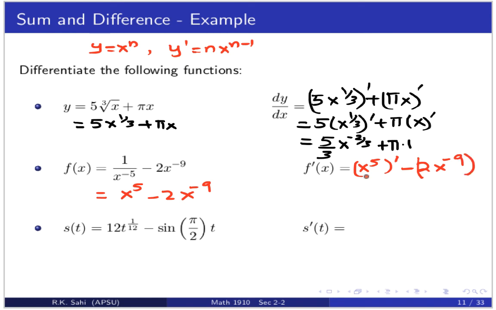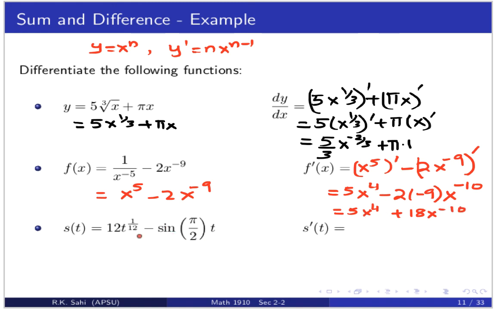This is the sum of two functions. So taking the differential gives, for the first expression, 5x to the 4, then minus 2 is a constant, remember, then minus 9 x to the power minus 9 minus 1, minus 10. Clean it up. So your final answer is 5x to the 4 plus 18 x to the power negative 10.